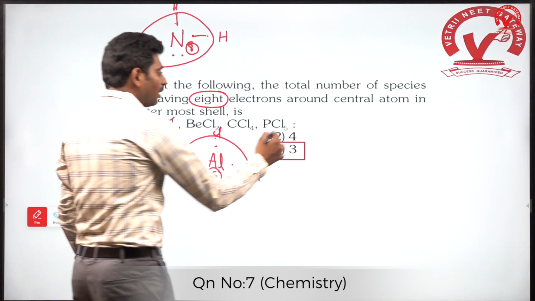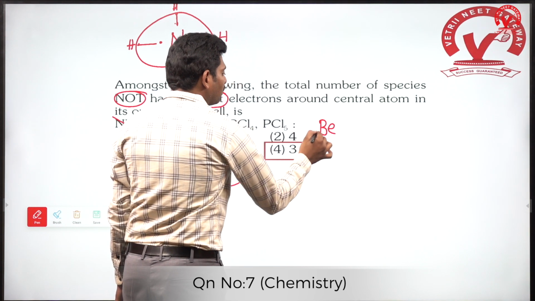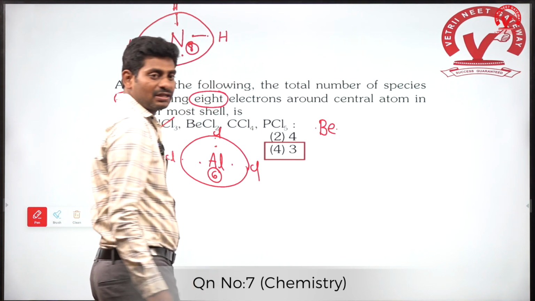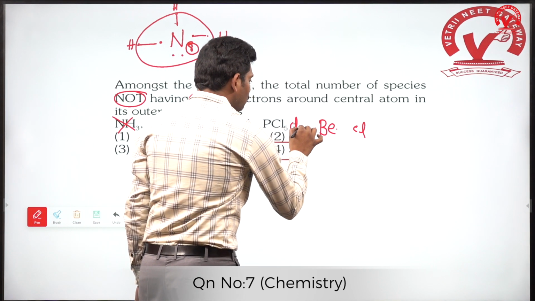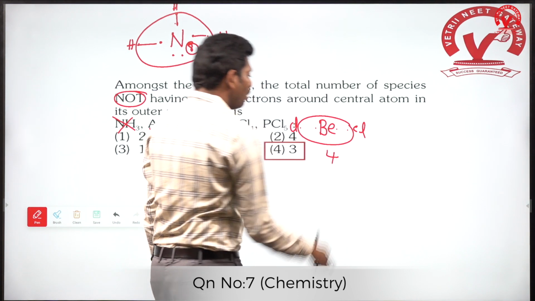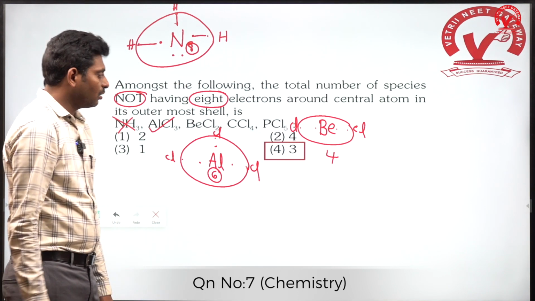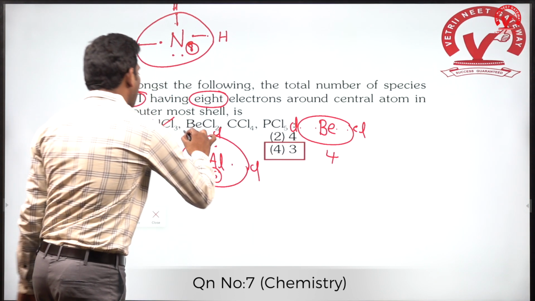Coming to beryllium chloride. Beryllium is in the second group, so it has 2 valence electrons. It is surrounded by 2 chlorines, mutually sharing like this. So beryllium has only 4 electrons. It also does not follow the octet rule.